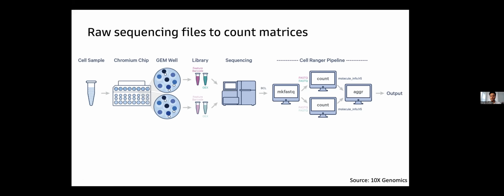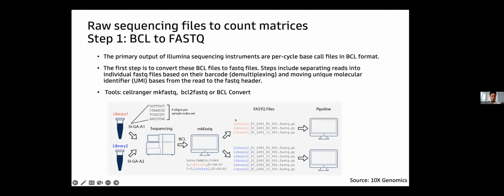But I'm just going to give you a high level overview of what the steps are to go from the raw sequencing output, so the ATGC output that the sequencer spits out, until we get the count matrix, which is like for each cell, for each gene, you have X number of reads. So how do we get from here to there? There are a few steps.